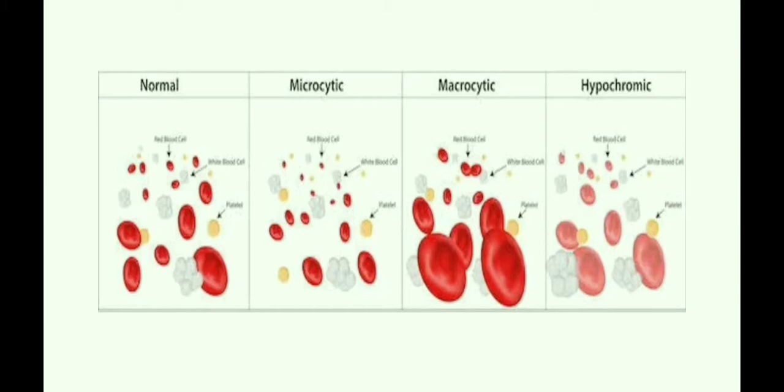And what if the color is increased? There is no condition like hyperchromic, but we can say it is normochromic. That means when the color is increased, the pallor will be lost, so in that condition we call it normochromic. Now here you can see the macrocytic and microcytic RBCs.